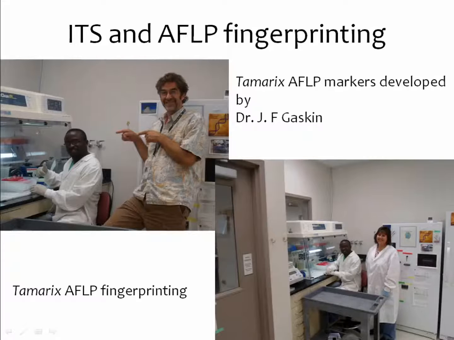But the AFLP fingerprinting was done in the United States in one of the USDA laboratories. Dr. John Gaskin is the person who developed the AFLP markers, and then Ms. Kimberly Mann and myself were fingerprinting the Tamarix.